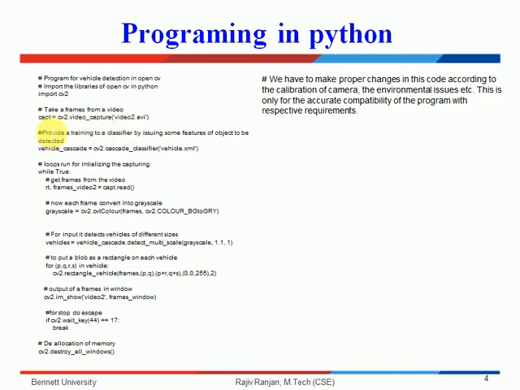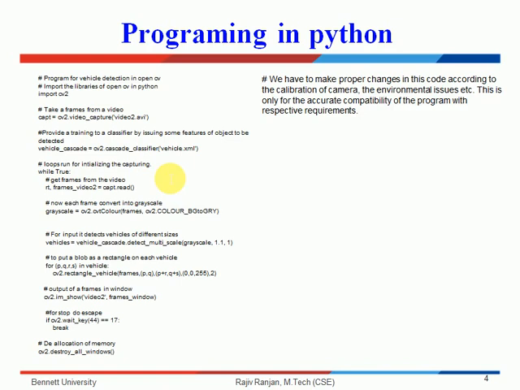So capt means capture equals cv2.VideoCapture, and video2.avi is the input video file I am giving. We can take any video file here, and after that it will provide a training to classify by using some features of the object to be detected.